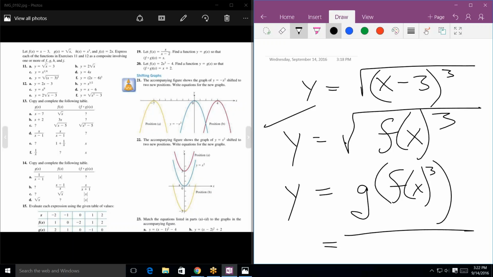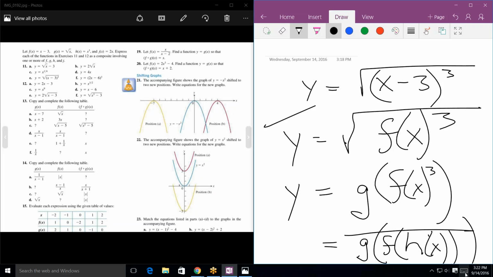So let me see if I can figure out what they did here. They did g of f of h of x, like that? Yes. Is that exactly the answer? Yep, that looks exactly like it.